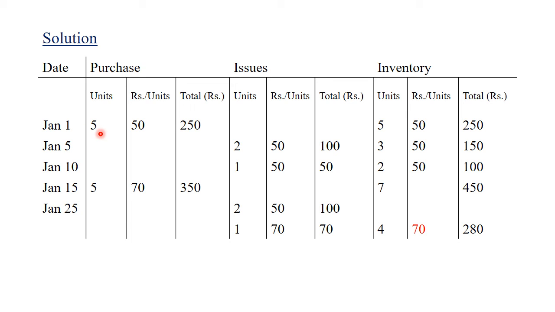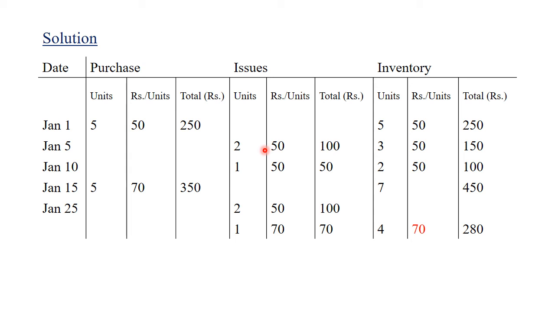So we'll start from January 1st, and it's given in the question very clearly that 5 bikes were purchased on January 1st at rupees 50 each. So you get a total value of rupees 250. So the inventory on January 1st is rupees 250, or 50 rupees each. That is, 5 bikes were the inventory on January 1st.